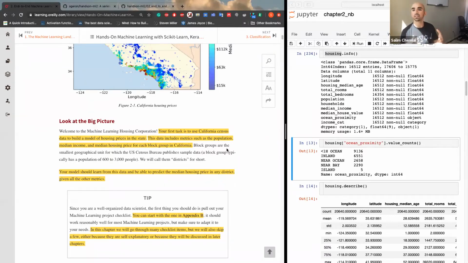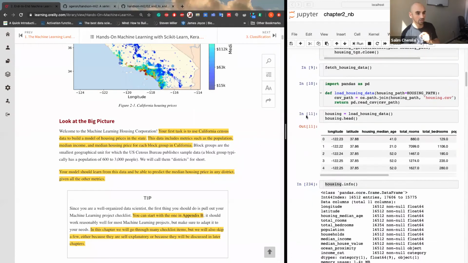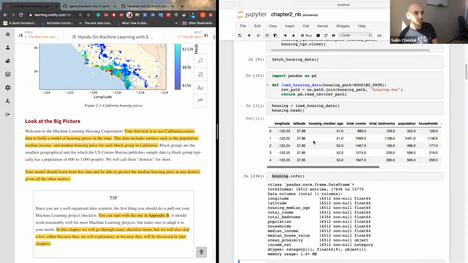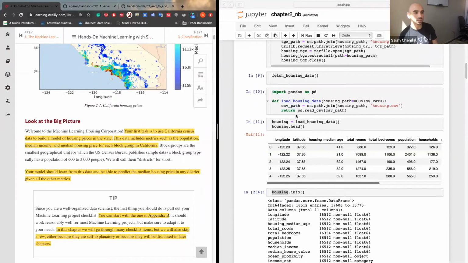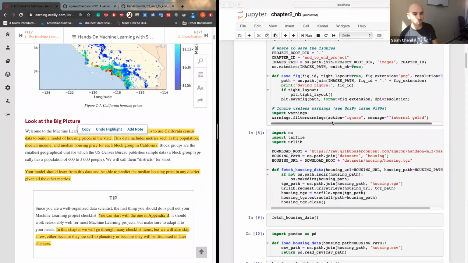How are we predicting these housing prices? We have this data set, a tabular data set, and this tabular data set has features, and one of the columns is the target. So this is what we did last time. We just loaded the data.